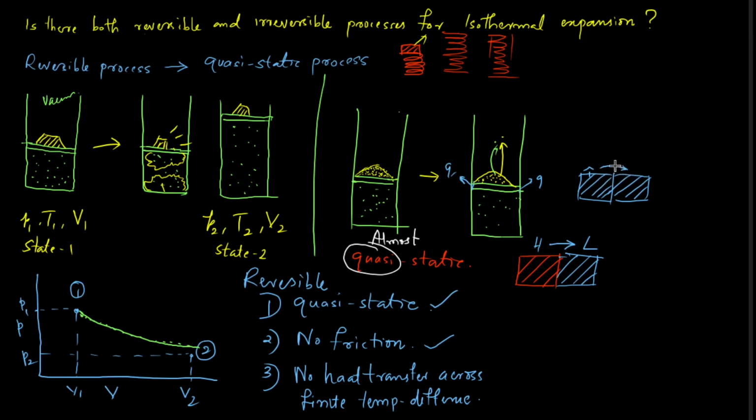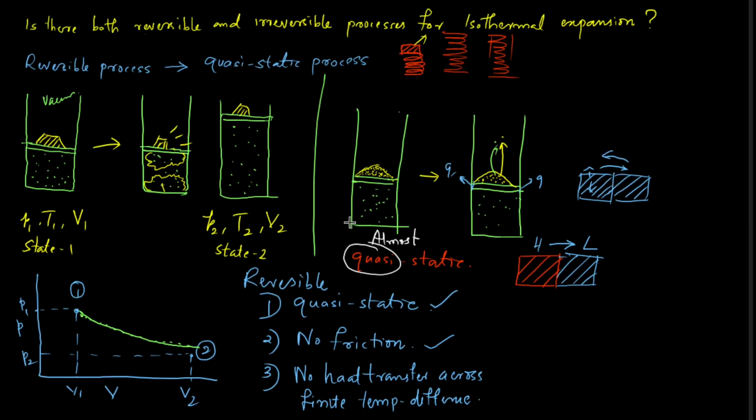That can be reversed if we slightly decrease the temperature. If we infinitesimally decrease the temperature of this system, this heat transfer also can be reversed. So if there is a very infinitesimal temperature difference, that heat transfer is a reversible type.